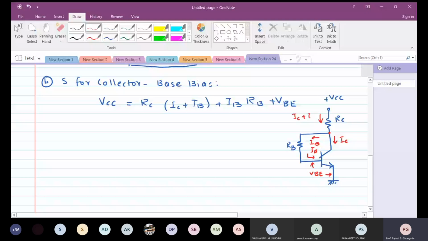Now applying KVL at the input side, what I get is VCC minus RC into (IC plus IB) minus IB RB minus VBE is equal to 0. From that I can get this equation. Is that clear? Yes, sir. Okay.